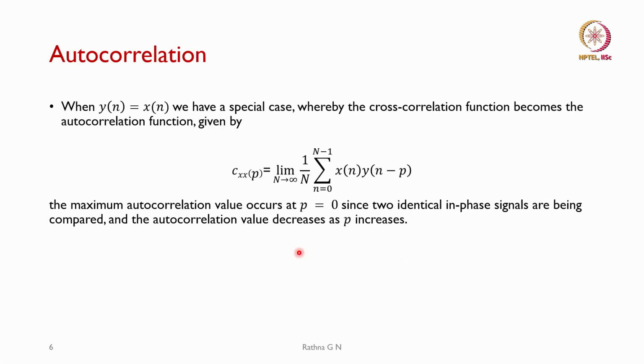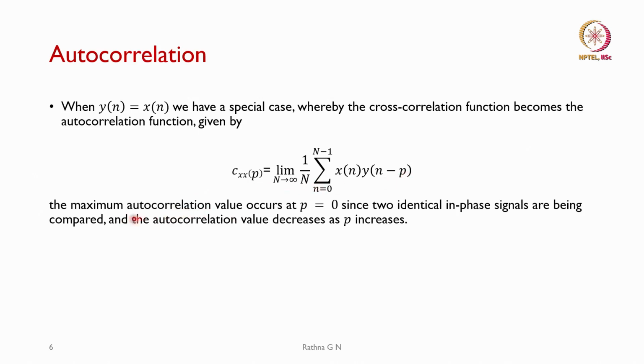Okay. So, how do we define the autocorrelation? When y of n equals x of n, we have a special case whereby the cross correlation function becomes the autocorrelation function. The equation is given by Cxx of p is equal to limit n tending to infinity, the same scaling factor 1 by N, summation from 0 to N minus 1, x of n into x of n minus p.